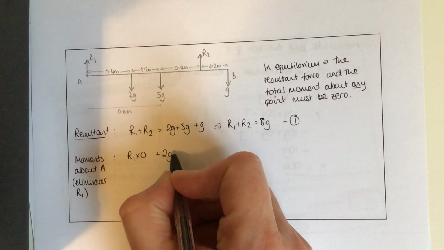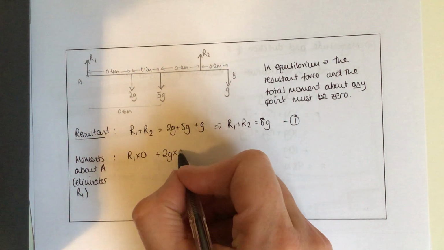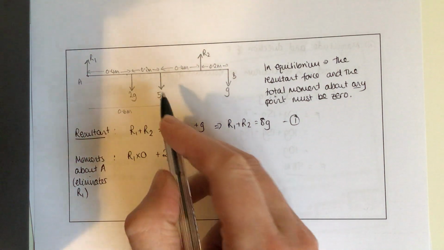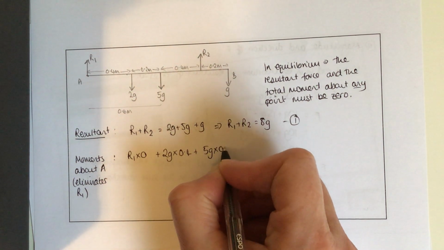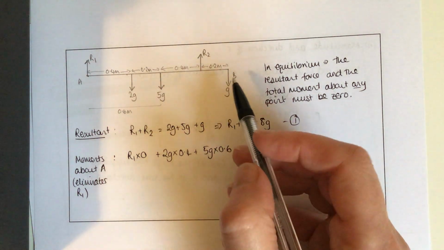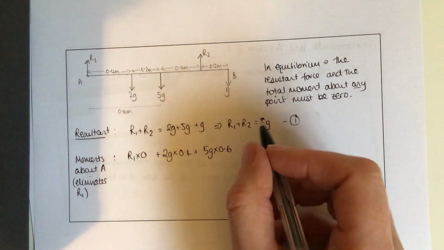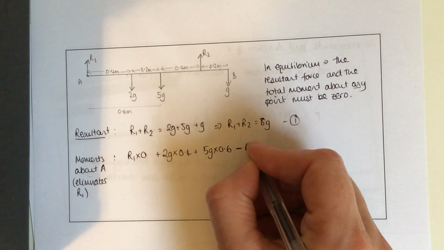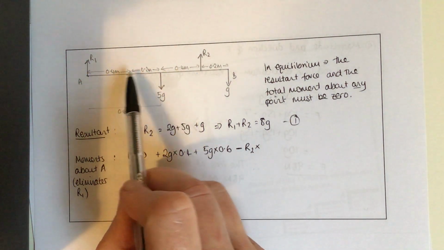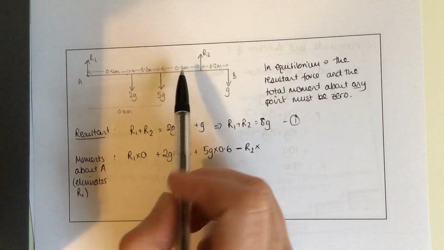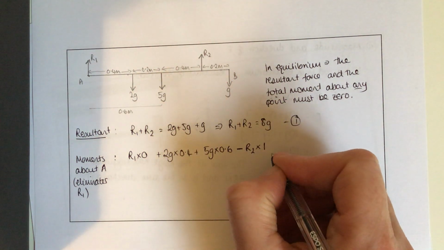So 2g multiplied by the distance 0.4, 5g times by this distance 0.6, R2, opposite direction, so minus R2, and again this whole distance here, so 0.4 plus 0.2 plus 0.4 is actually 1 metre.